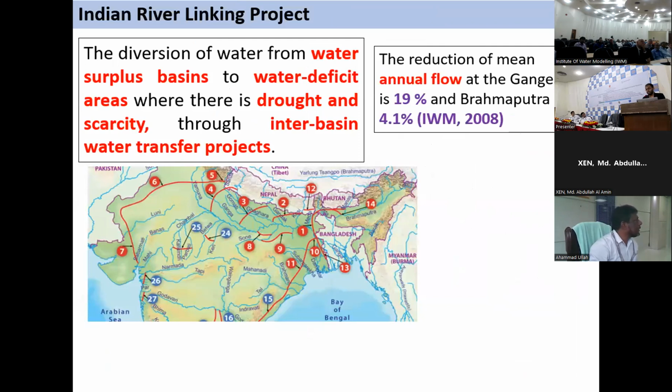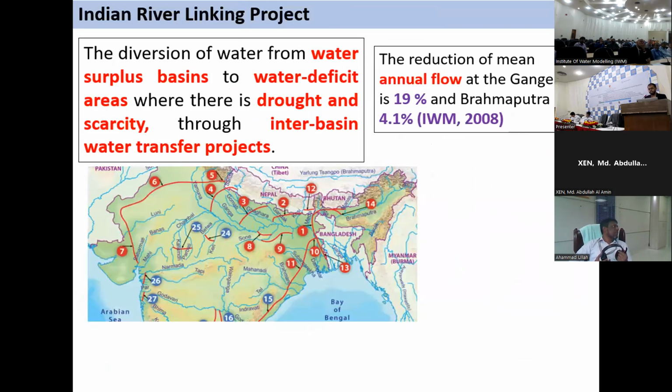Now our final scenario is the Indian River Linking Project. In short, the Indian River Linking Project is diversion of water from water surplus basins to water deficit areas where there is drought and scarcity of water.